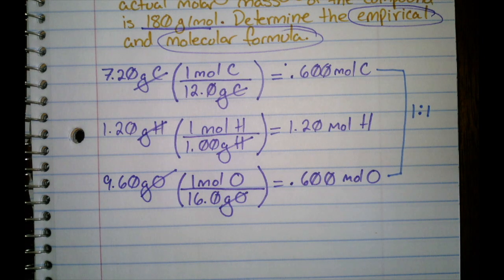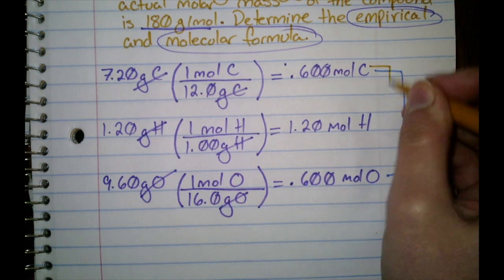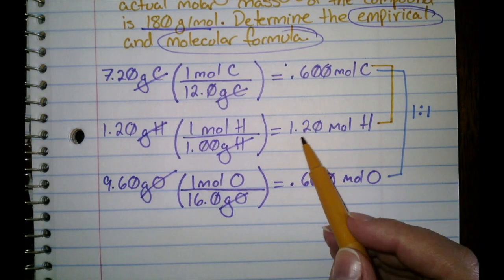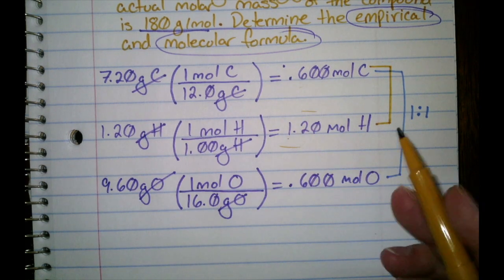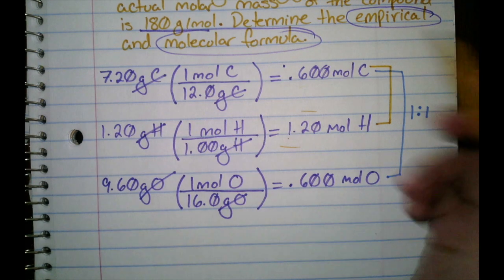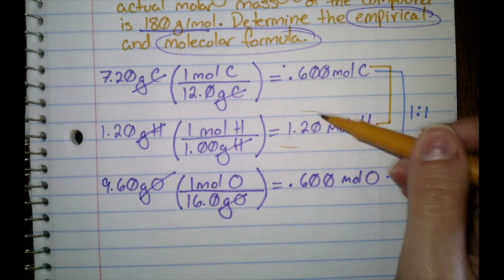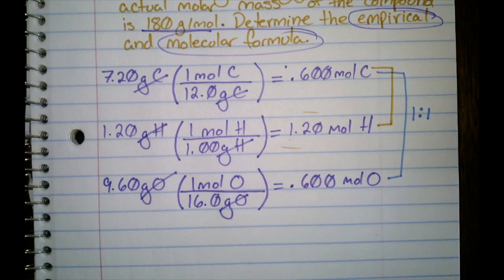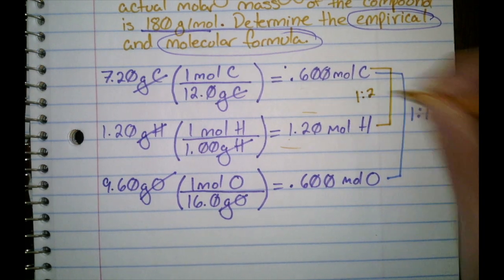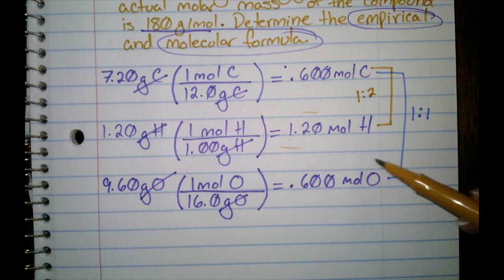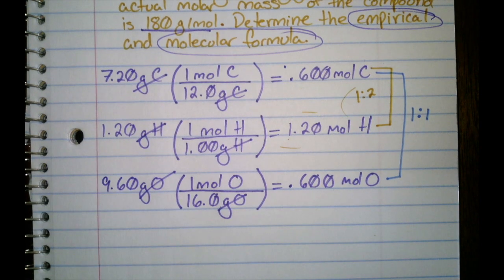However, if we look at carbon compared to hydrogen, you might need to divide this out and just do 1.20 divided by 0.6, or you can realize that 0.6 and 1.2 are similar to 6 and 12, meaning that the ratio of carbon to hydrogen is 1:2, which, since the number of oxygen and carbon are the same, means that this ratio also applies for oxygen.